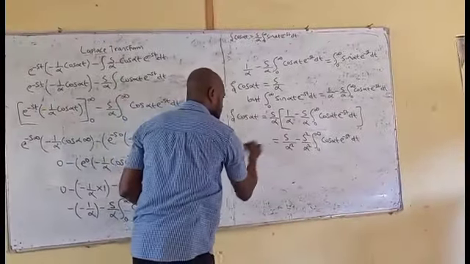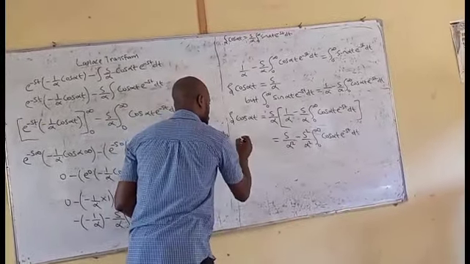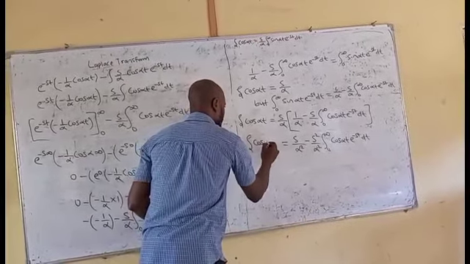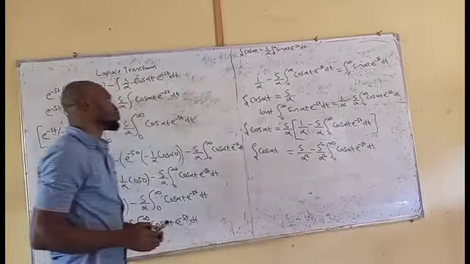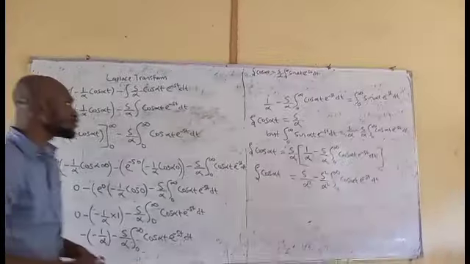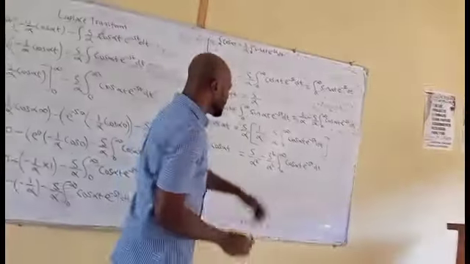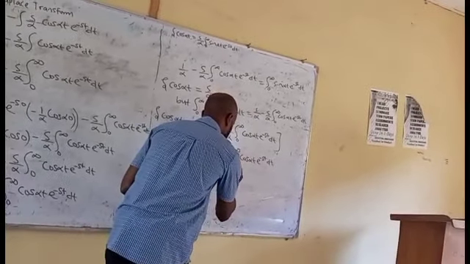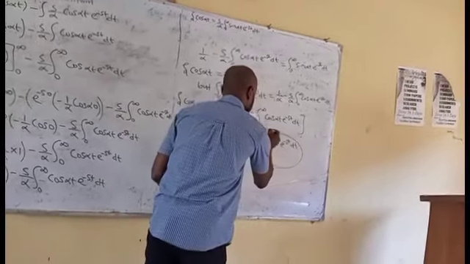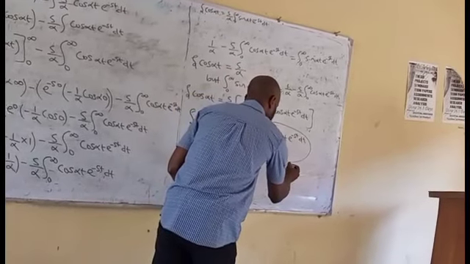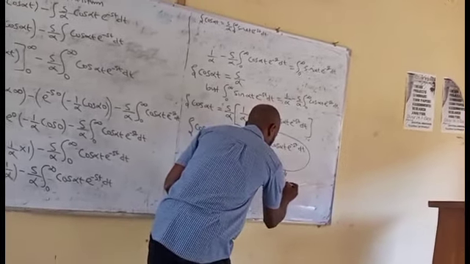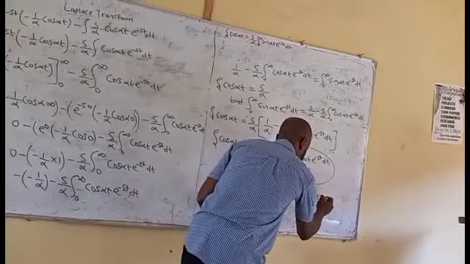So all of this is still equal to the Laplace transformation of cos alpha t. Now this Laplace transform, this one, will give you Laplace transformation of cos alpha t.